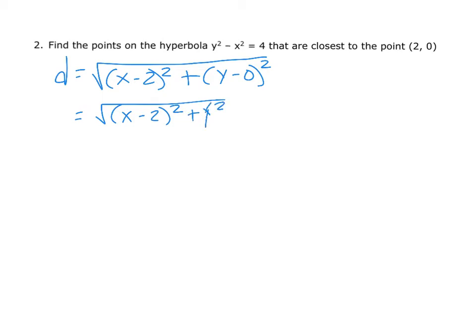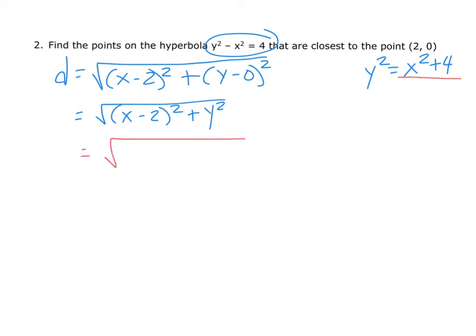So then, that's the ugliest y squared, I'm going to take the equation and solve for y squared. So that's x squared plus 4. So that's my substitution. So we have x minus 2 squared plus x squared plus 4. That's my distance formula. That's what I'm going to take the derivative of, set equal to 0.